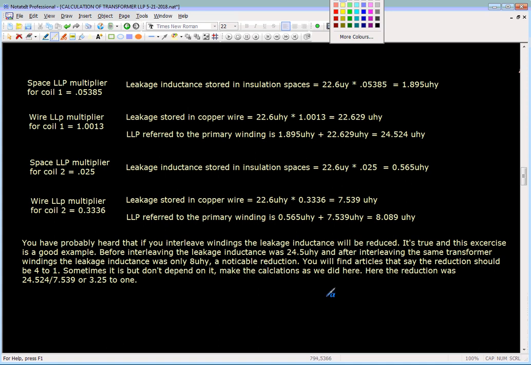Noticeable reduction. You will find articles that say that the reduction should be 4 to 1, kind of exactly. They're not really true, but sometimes I've seen 4 to 1, but sometimes it's less than that, as we're seeing here. The ratio here is 3.25 to 1. You want to make the calculation to do it.